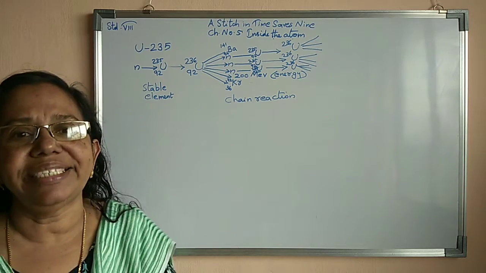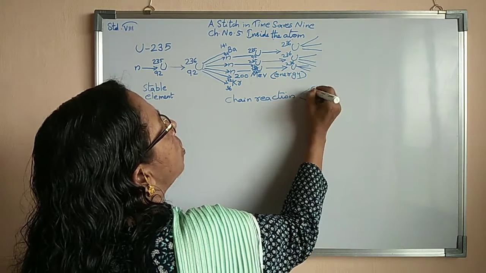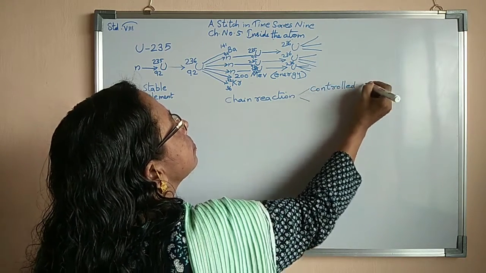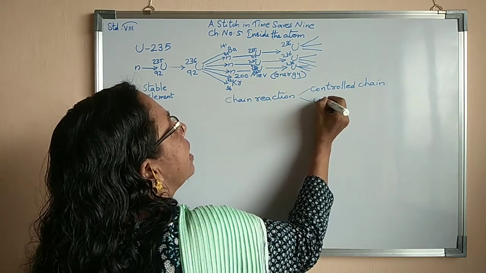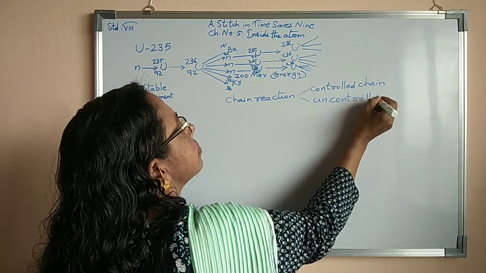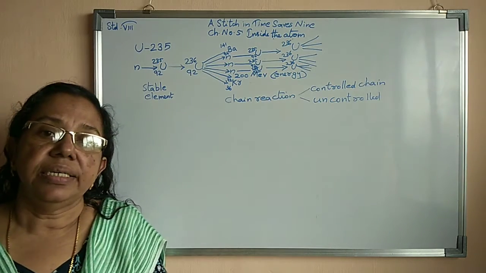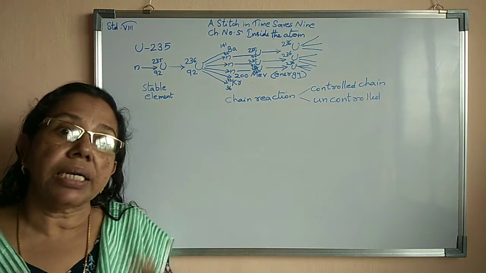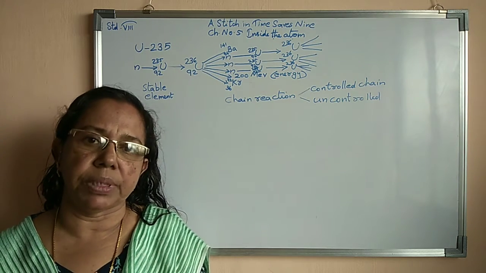Chain reaction itself is of 2 types. One is known as controlled chain reaction, the other is known as uncontrolled chain reaction. Controlled chain reaction happens inside the nuclear reactor. Uncontrolled chain reaction takes place inside the atom bomb.